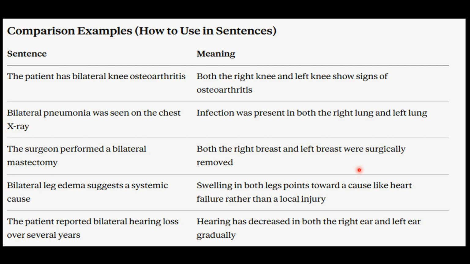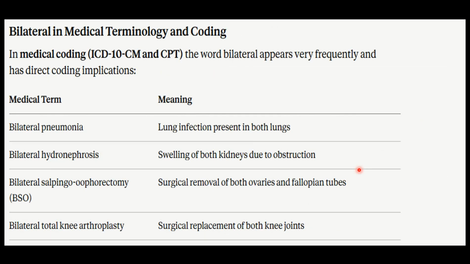Now we have the next example, like these examples are done. So let's see how it is used in medical coding terminology. Okay, so here you can see I have noted down a couple of medical terminology related things like bilateral pneumonia, which means a lung infection present in both lungs, right?